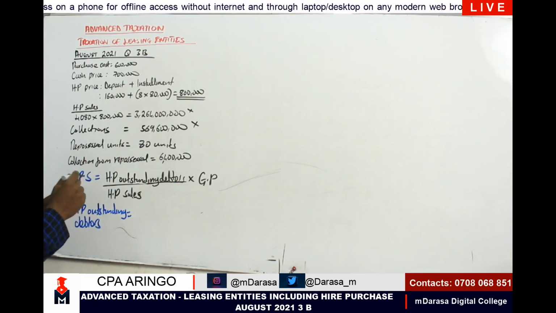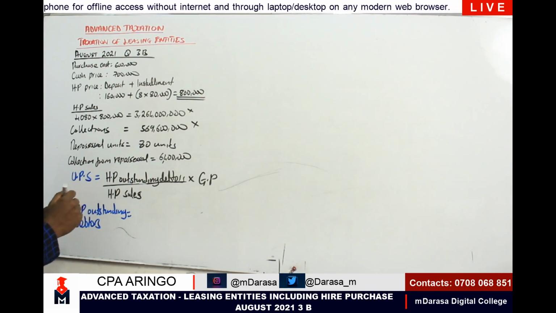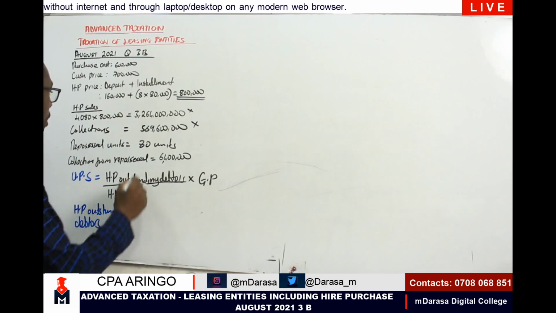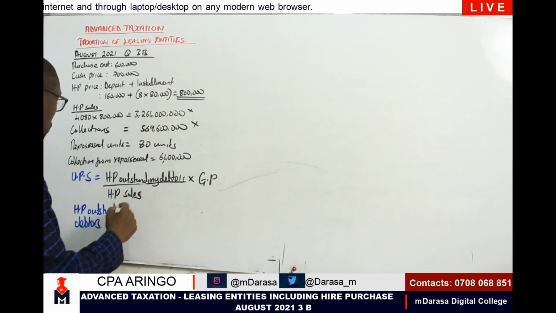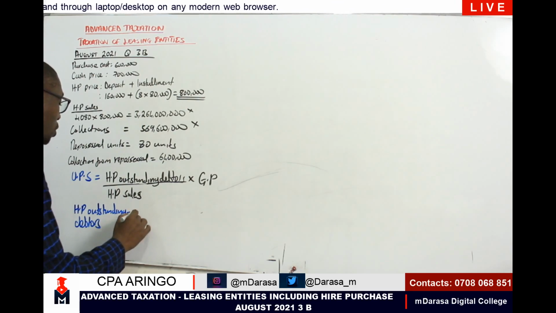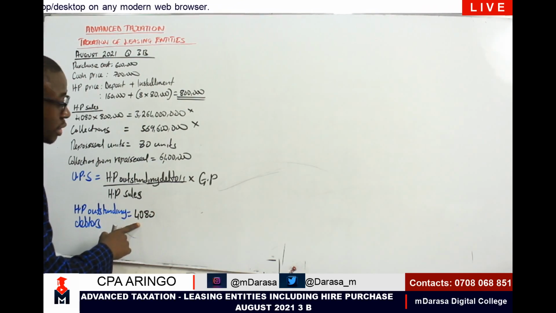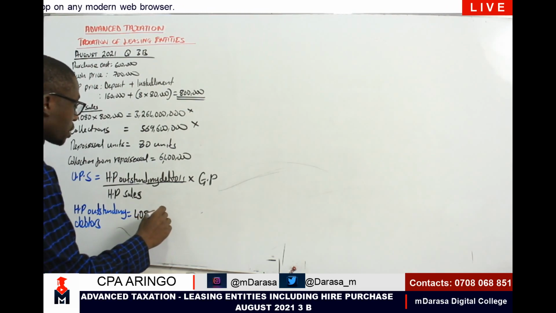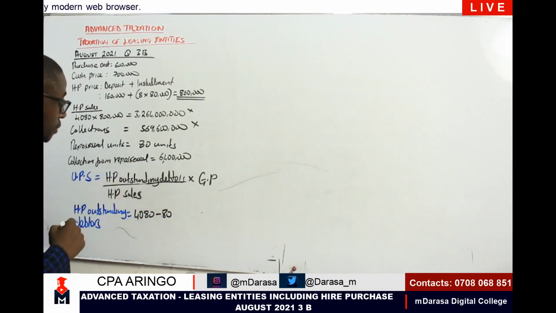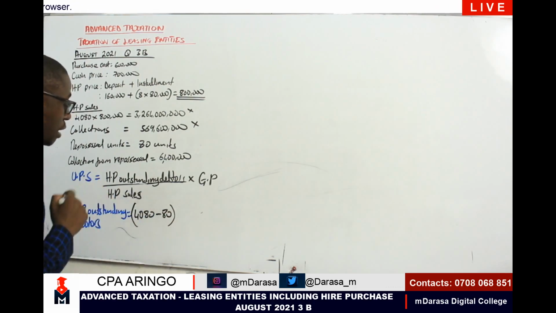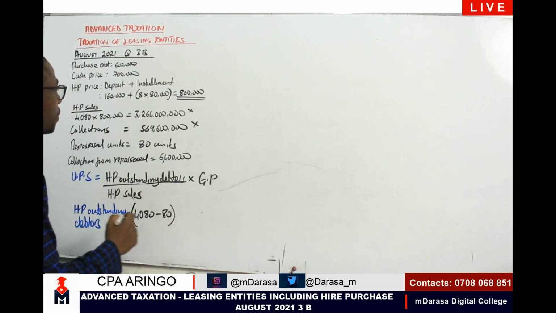So in this case, out of this, we need to determine our outstanding debtors. So I'm going to take the 4,080, the total units that you disposed, less the 80, to remain with what we'll be having, times the hire purchase sales.